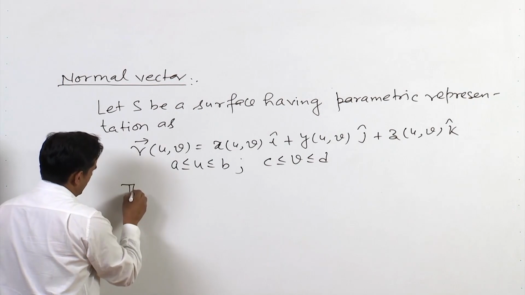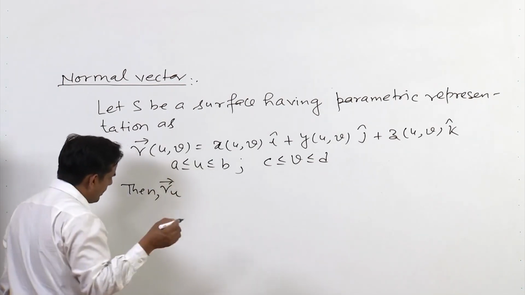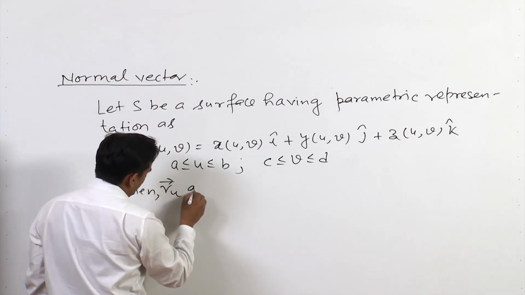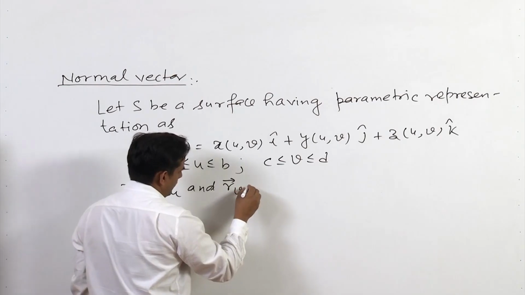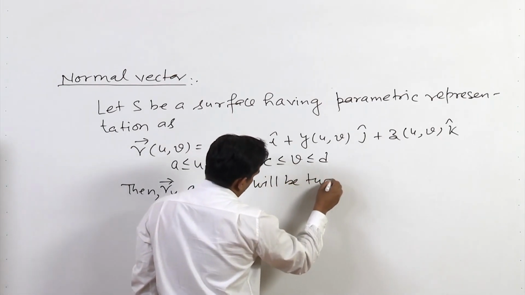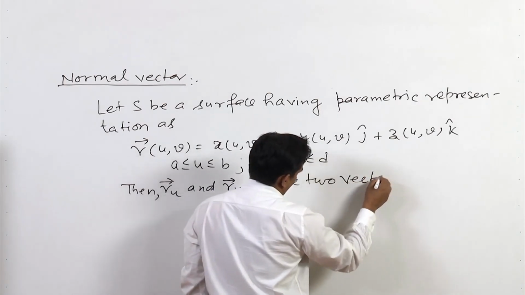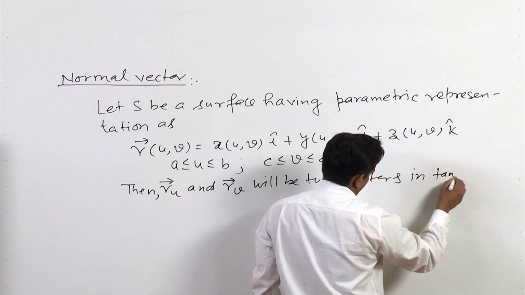Then we have seen that r_u and r_v will be two vectors in the tangent plane.